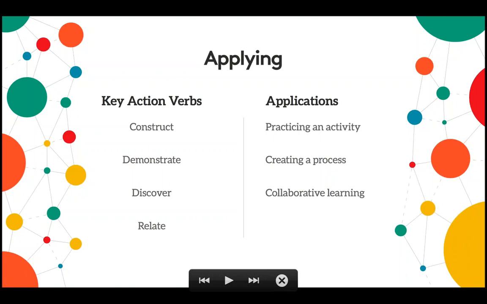Obviously, in our courses, we go a little further than that. We have some nice verbs like construct, demonstrate, discover, relate. These are reinforcing this understanding. We're going through activities that might reinforce this understanding, creating processes, or doing collaborative learning.